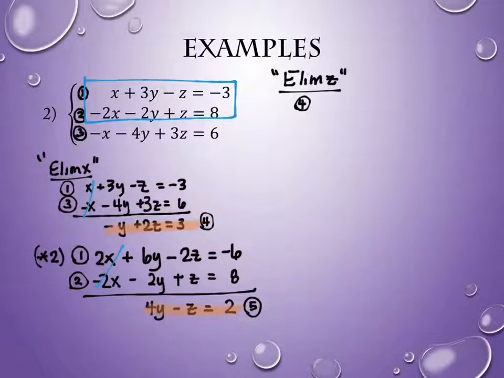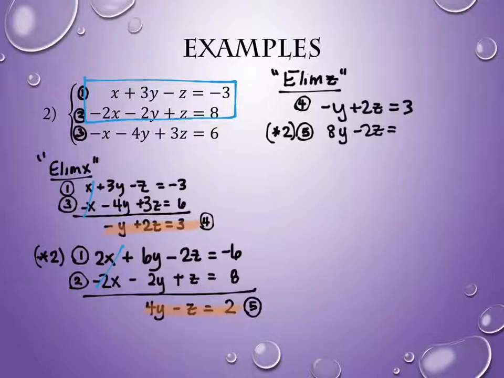It is negative y plus 2z equals 3. And I'm going to multiply equation 5 by 2. So equation 5 multiplied by 2 would give me 8y minus 2z equals 4.